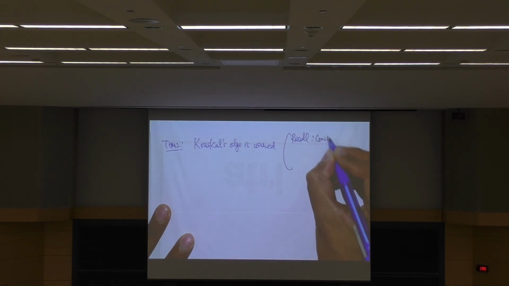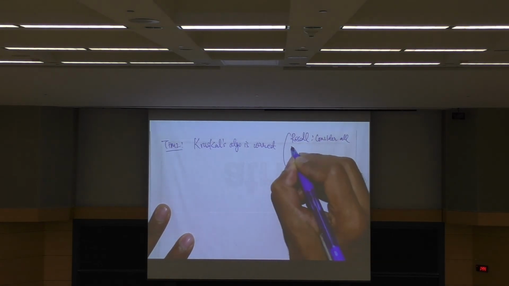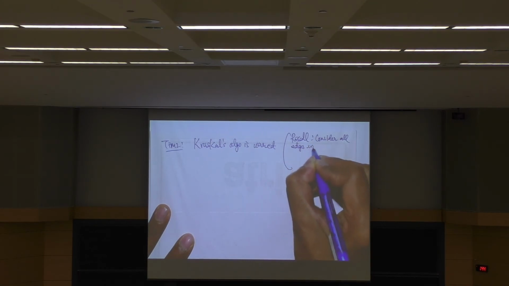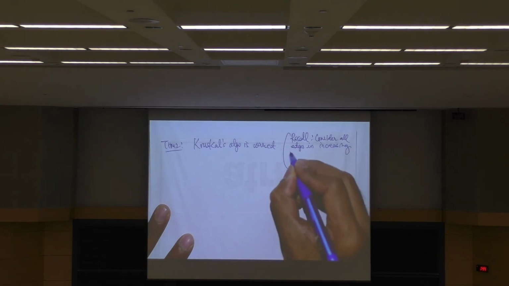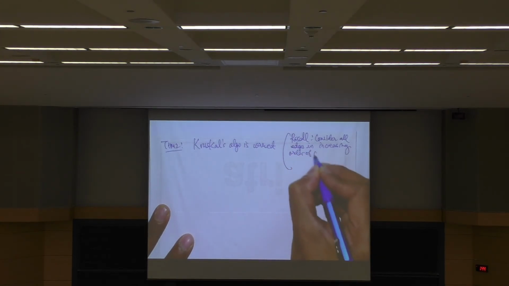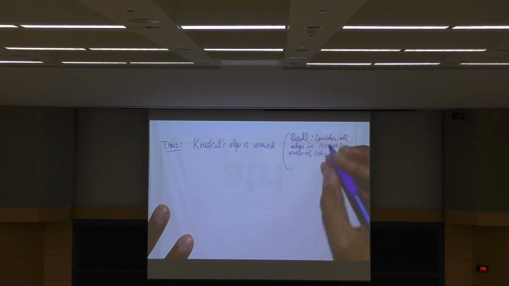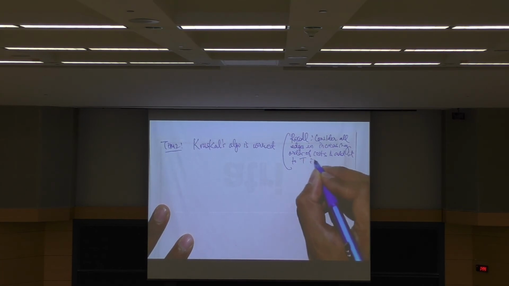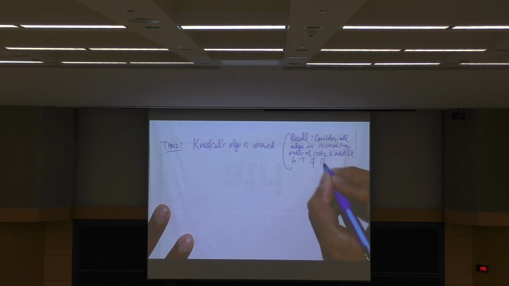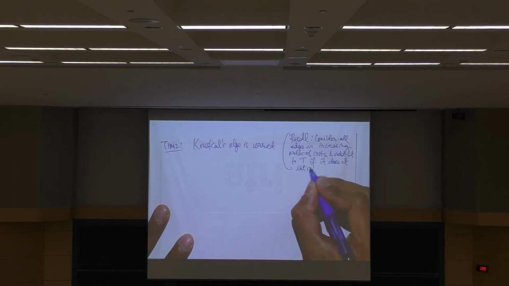So consider all edges in increasing order of costs and add it to T if it doesn't introduce a cycle.